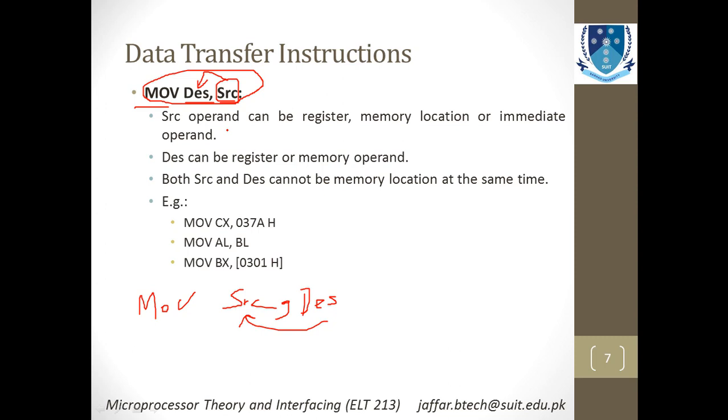The SRC operand can be any register, any memory location or immediate operand, or any external input/output device connected using an input/output port. The destination can also be a register, a memory operand, or an input/output port. Source and destination cannot both be memory locations at the same time.